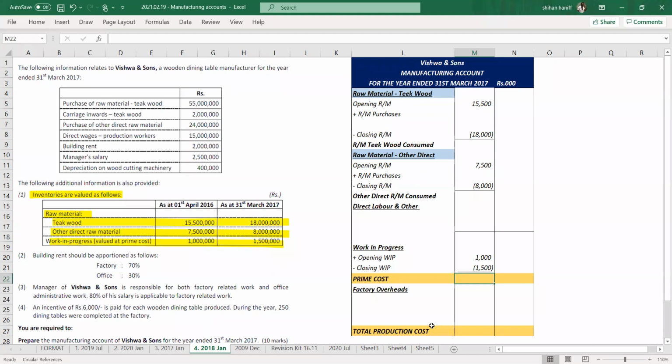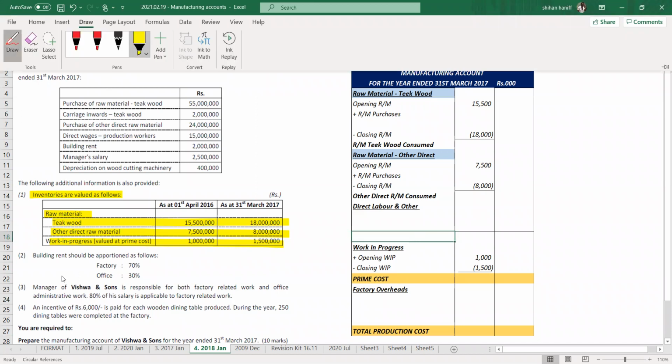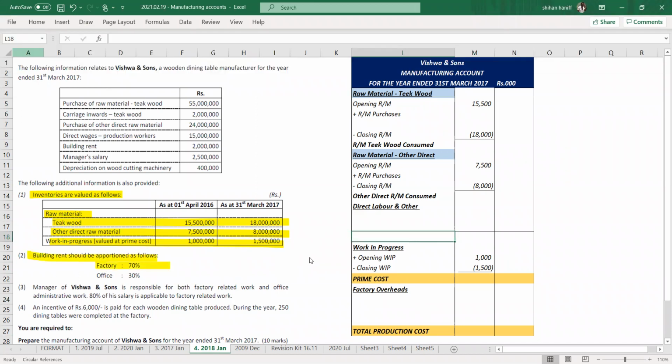Right. So let's check the answers now. Building rent should be apportioned, factory 70%.